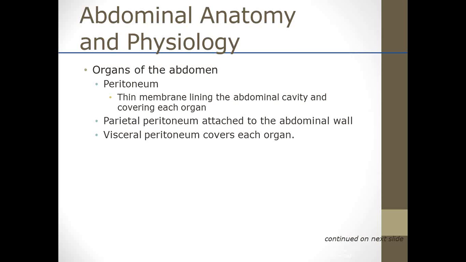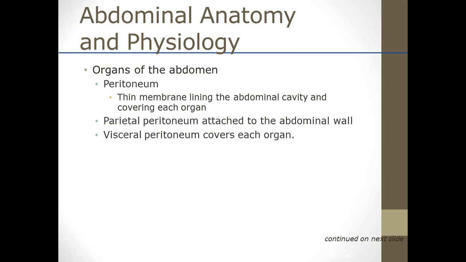So the peritoneum is the name of those linings. If we want to be specific, the parietal peritoneum is the one that lines the inside of the cavity. Your visceral peritoneum is the lining around each organ, and both of those serve to lubricate and protect.